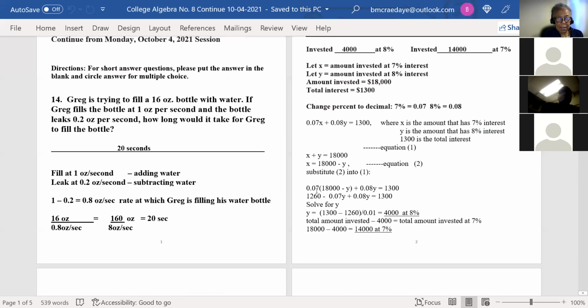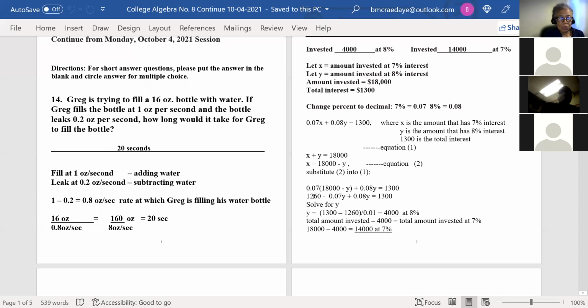First, we multiply the 0.07 times what is in the parentheses. Remember from PEMDAS. 0.07 times 18,000, we get 1260. 0.07 times minus Y, we get minus 0.07Y, plus the 0.08Y that was part of the equation. And that is equal to the 1,300.